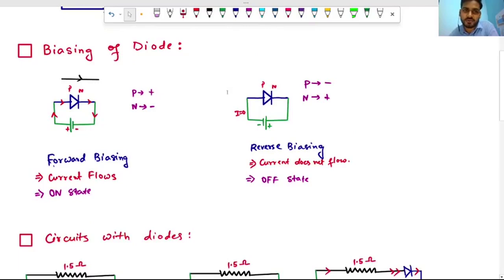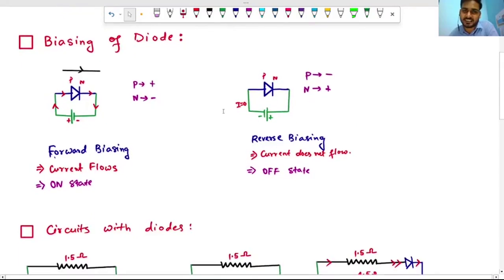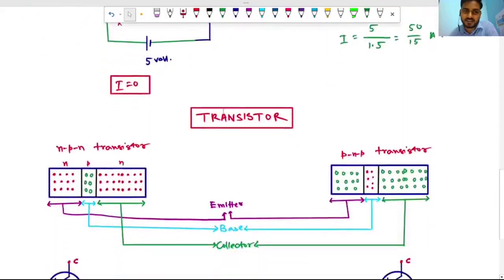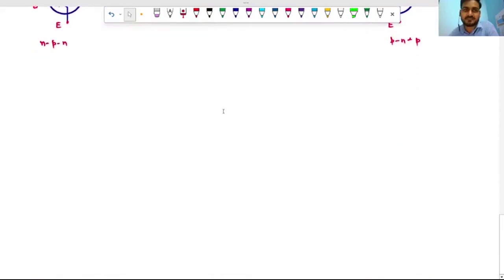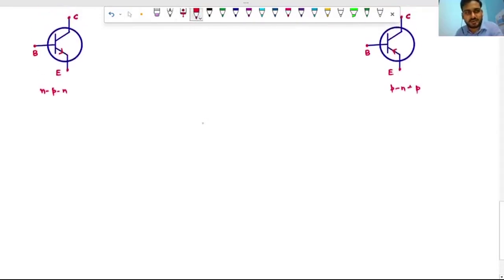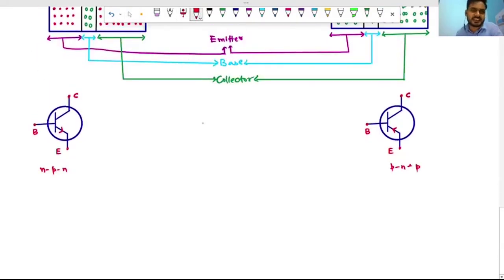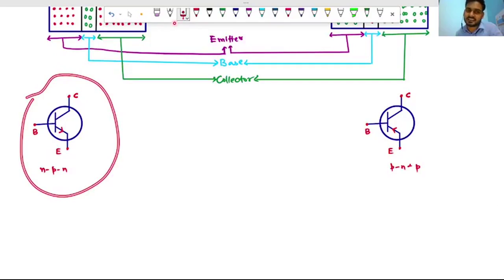Now we'll see how many types of biasing there are for a transistor. These types of biasing are usually known as modes of the transistor. So for an NPN transistor, usually there are three types of biasing.